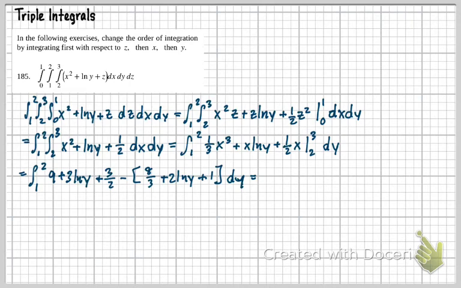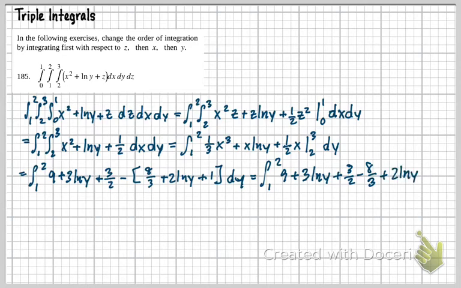Okay, so this is going to be the integral from 1 to 2 of 9 plus 3 ln of y plus 3/2 minus 8/3, plus 2 ln y plus 1.